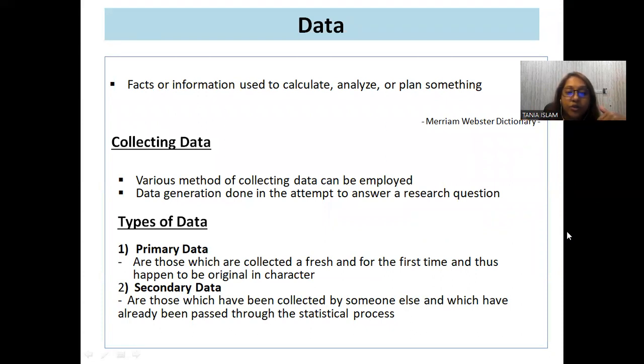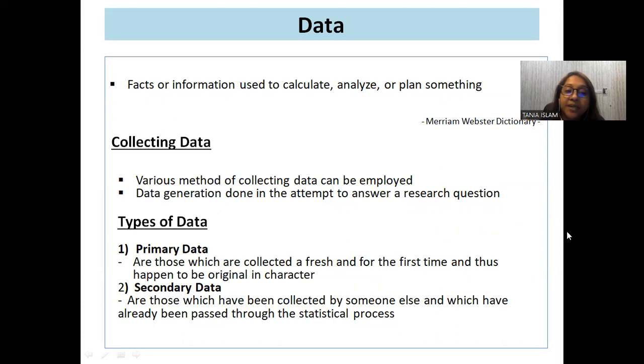So depending on the types of data collection, there are two different types of data: one is primary data and one is secondary data. The primary data are collected fresh, for the first time, like when a new patient comes and you are collecting the data.